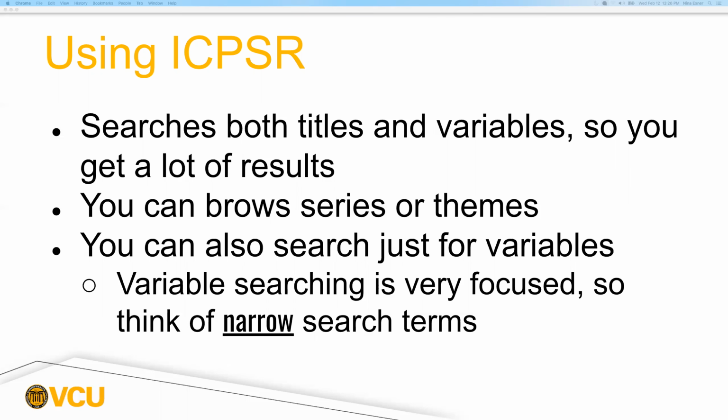When you're searching for variables, you want to be very, very specific in search terms. Remember when I was talking about depression a few minutes ago, and it could be sadness or it could be hopelessness? So think very narrowly about how you might operationalize your construct into a very specific measurable variable.